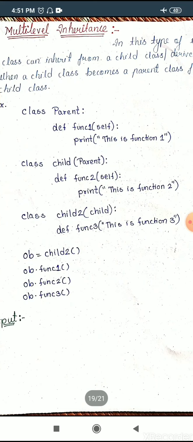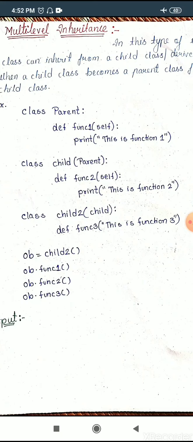Now I am creating the object of the newly defined class child 2: OB is equal to child 2. I have created an object of child 2, but I am still able to call the functions of the previous two classes.